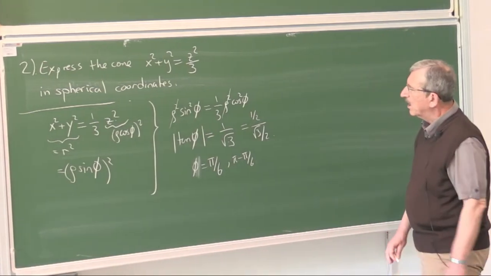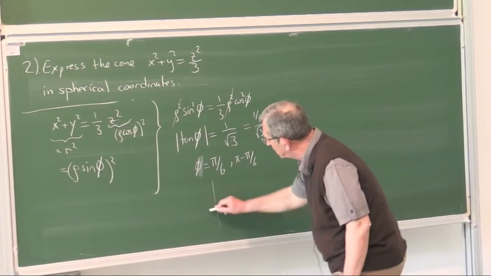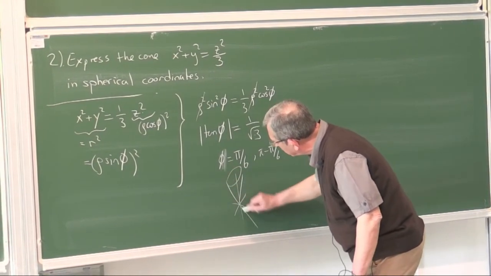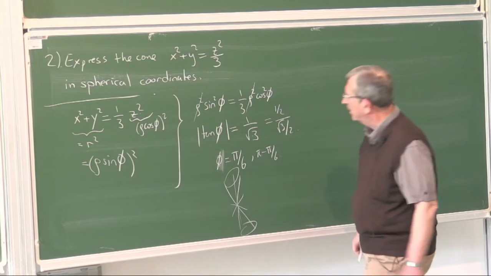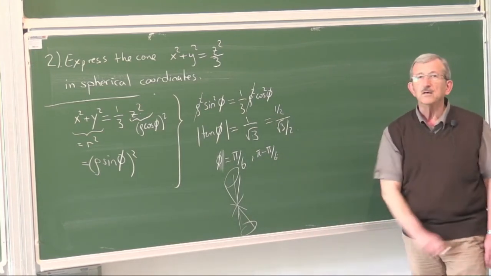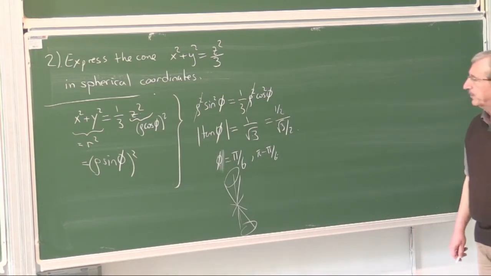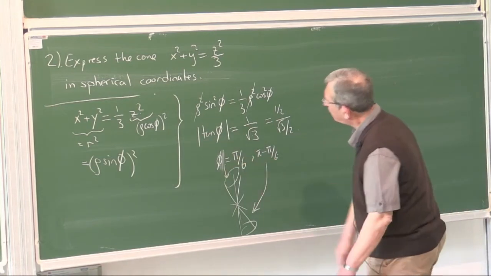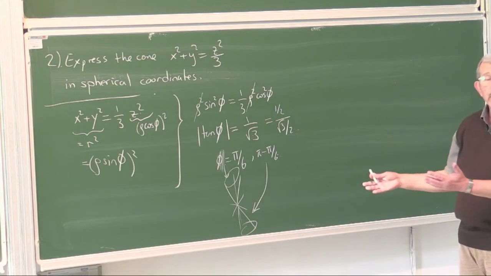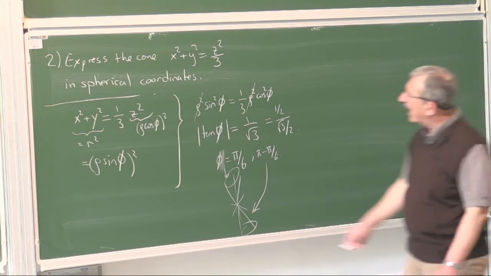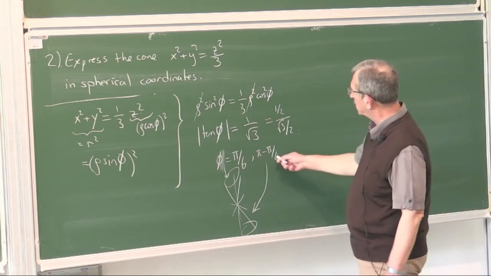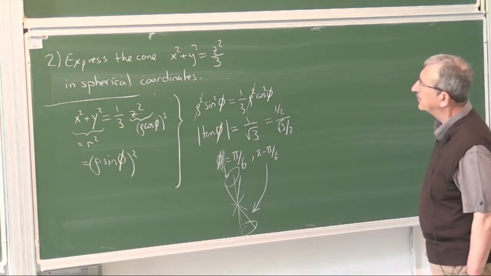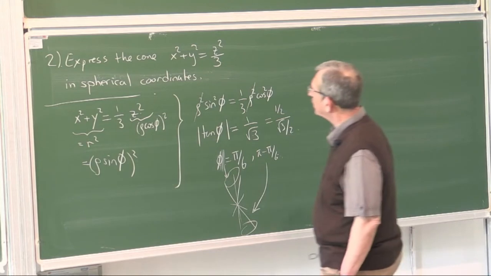Clearly, one gives the upper cone as before, and the other gives the lower cone. This is bigger than pi over 2. So it's a cone where the angle is pi over 6 or pi minus pi over 6.